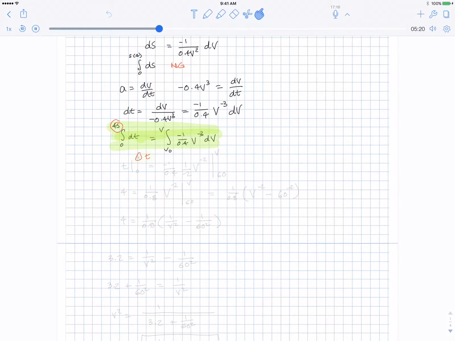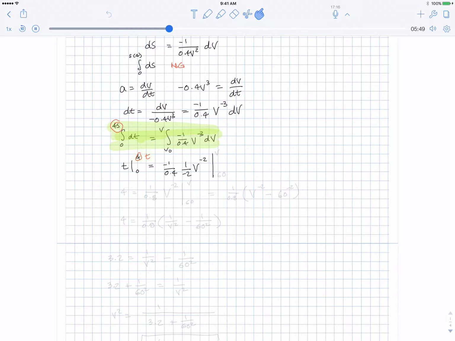So the integral of dt is just t from 0 to 4. Okay, and the integral of minus 1 over 0.4 v to the minus 3 is minus 1 over 0.4 v, you add 1 to the exponent, v to the minus 2, and you divide by that. Okay, I believe that's right.